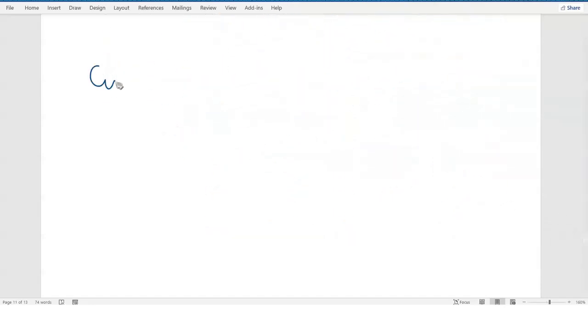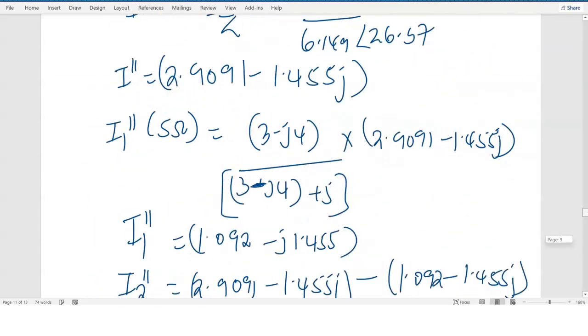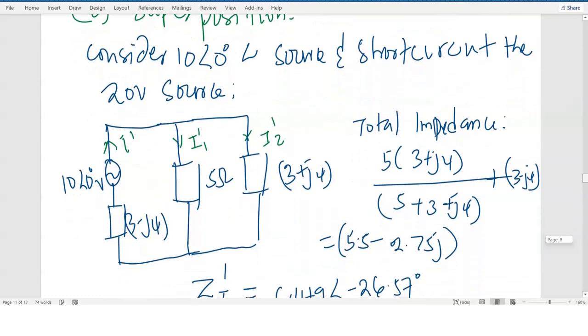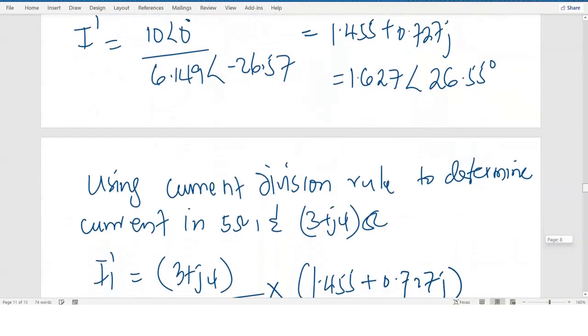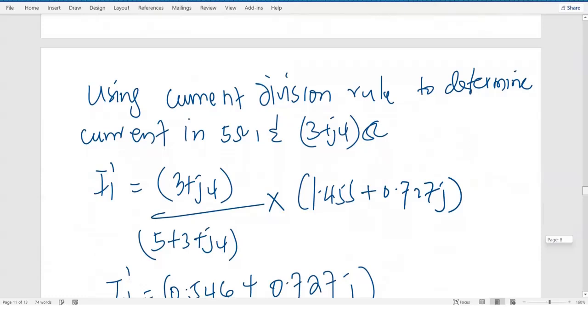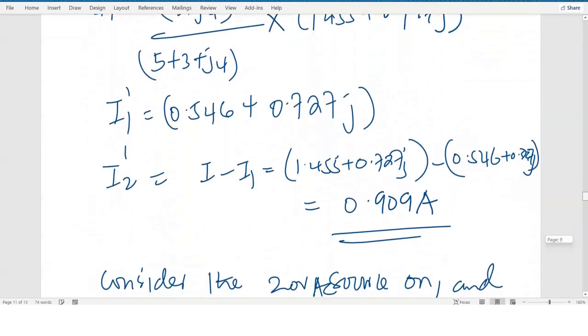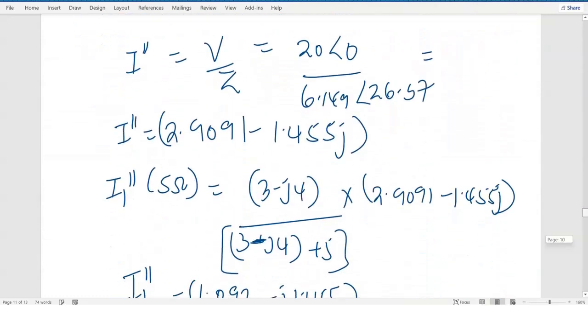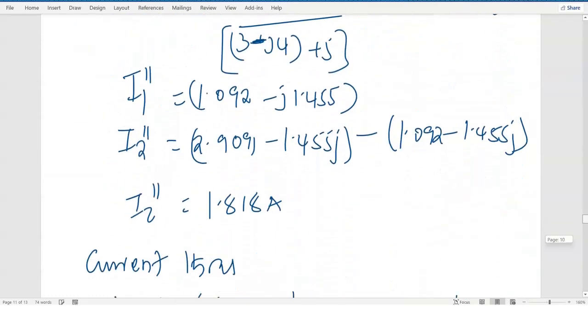Now the current via the 5 ohms. Remember, in the beginning we had the I1 flowing through, and the I1 was 0.546 plus 0.727j. Then in the next step we had I1 double prime also flowing there, which was 1.092 minus 1.455j.